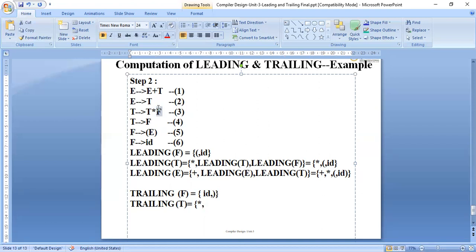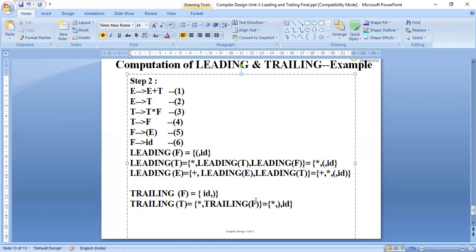Non-terminal symbol, trailing of F. Now when you consider this one, you will be having the same trailing of F, so again we need not write that. So as per the norms, I am combining rule 1 and 2. I'll be getting star, close bracket, followed by id. Okay, this is trailing of T.